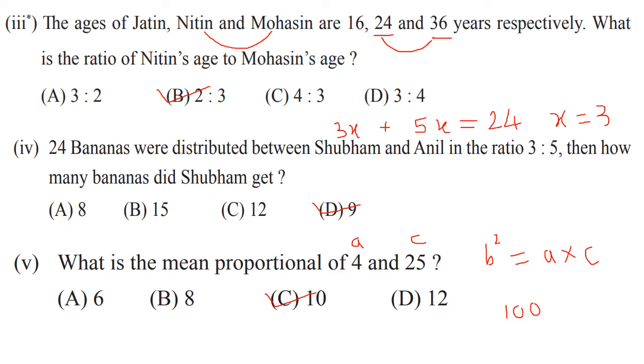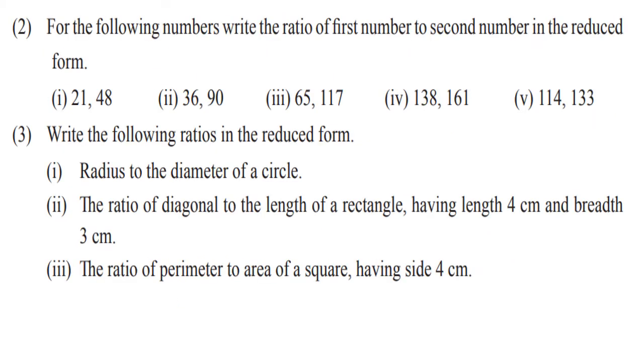Now let's go ahead here in the problem set. See, question number 2 here is: for the following numbers, write the ratio of first number to second number in the reduced form. So all these questions are from practice set 4.1. You know that simply you have to find the ratio in reduced form.